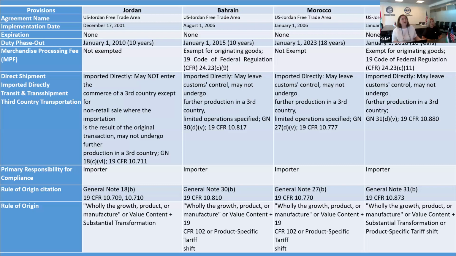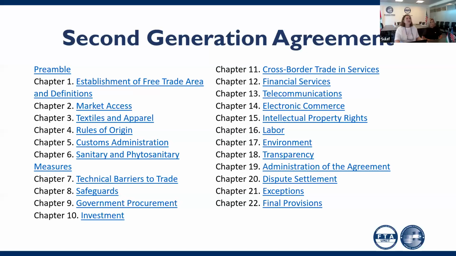We're going to talk about them now, and they're very much like the agreement with some Central American countries, where the US was promoting and entering into bilateral free trade agreements. So this is a general snapshot of the side-by-side comparison.